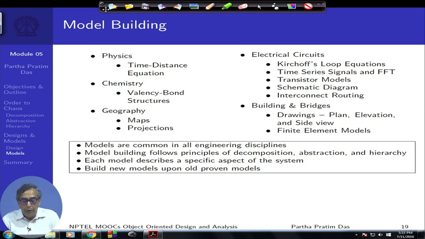Whereas, when I am looking at the FFT of the signal, I have no idea of how the interconnection on the breadboard is. So, every model looks at a limited aspect of the system, a limited view of the system, and that is what makes it manageable by the human mind to work with, and that limited view that you focus on primarily gives you the abstraction that you are trying to look at.